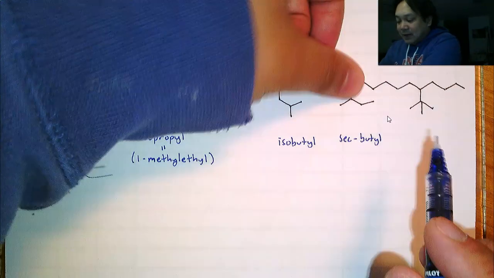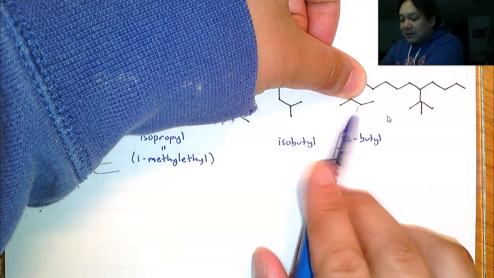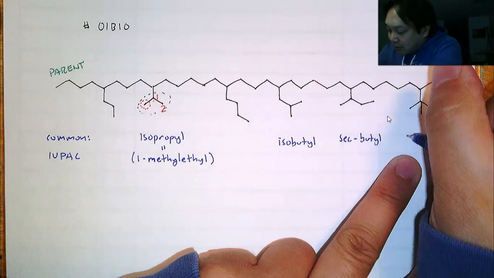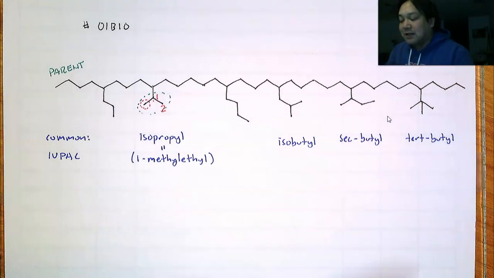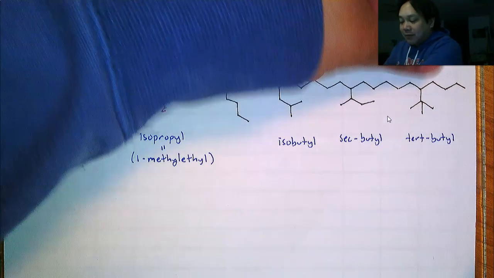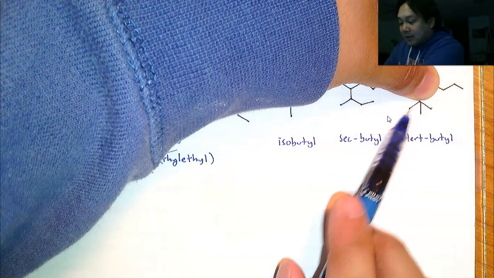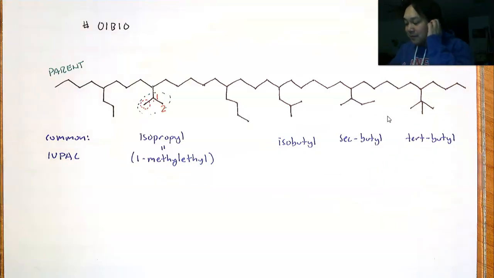That carbon is connected to two other carbons. What's tertiary? This is tert-butyl. A tertiary carbon is connected to three other carbons. If I cover up the parent, the point of attachment is this carbon, and it's attached to three other carbons. So tertiary butyl, or tert-butyl.